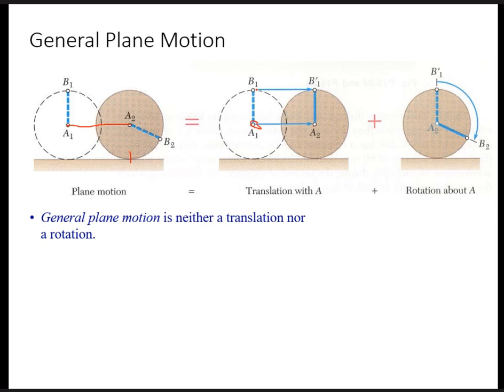So any plane motion can be replaced by a translation of an arbitrary reference point A and a simultaneous rotation about A. So VB equal to VA plus VB/A.